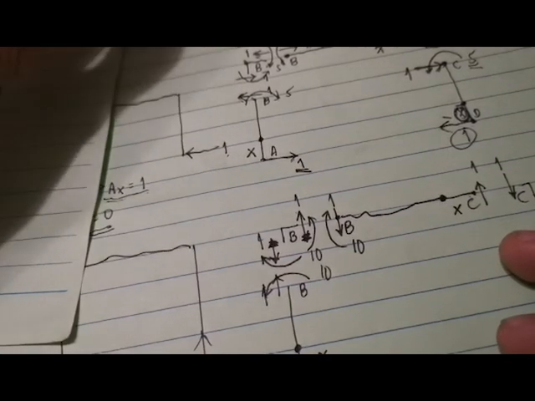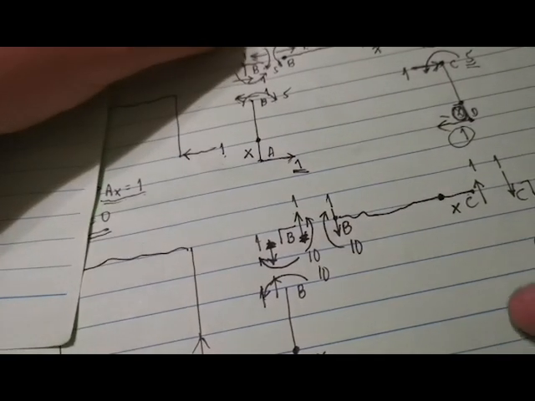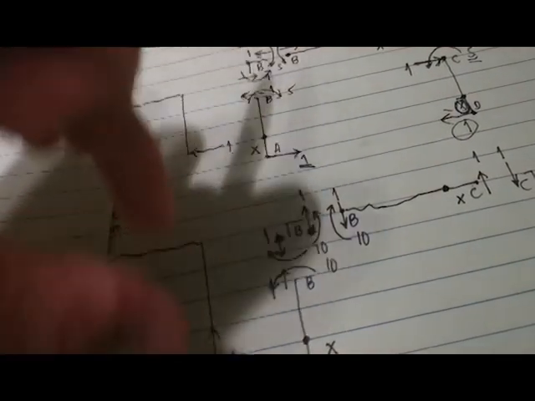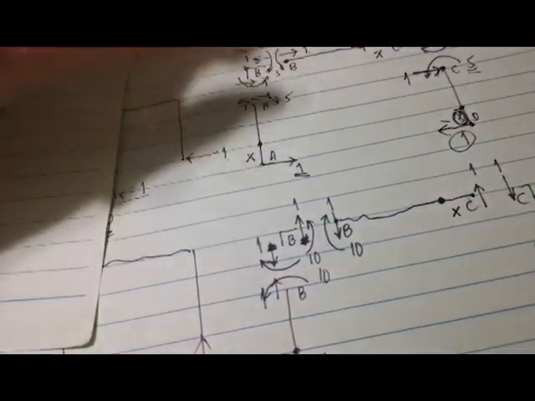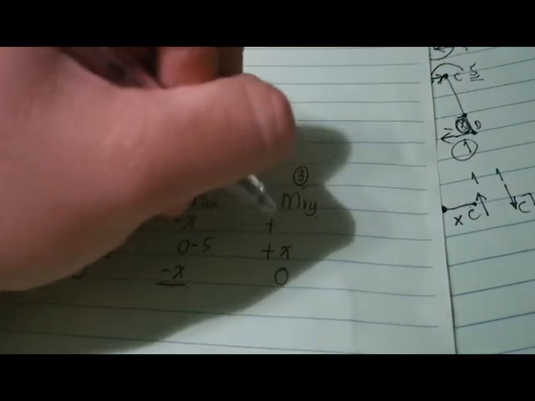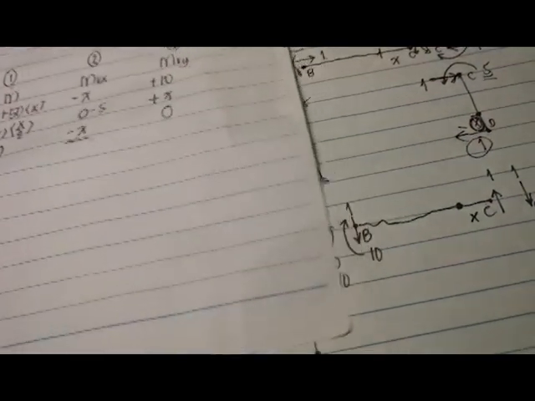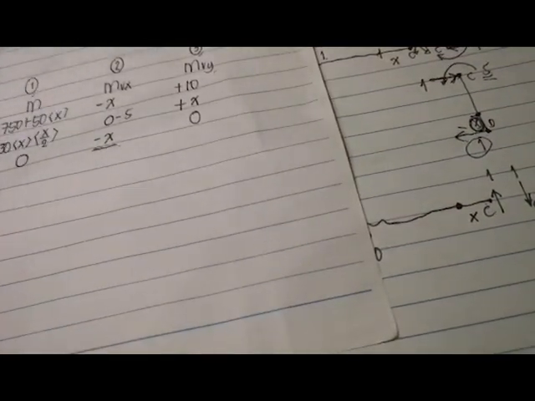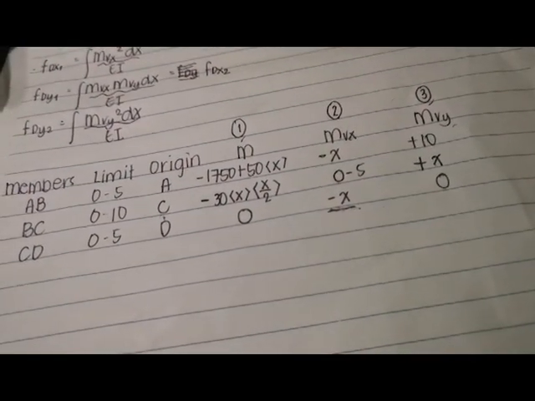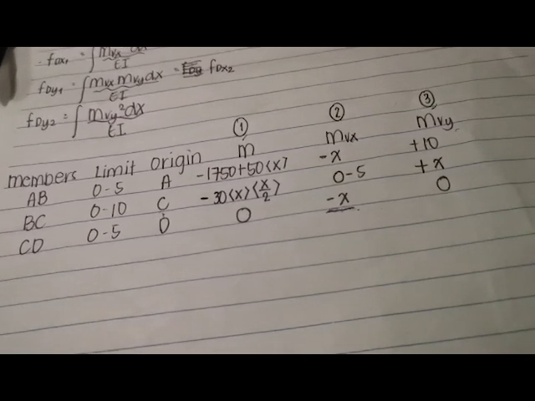The orientation that we use on the previous beam, the previous frame members, should be the same here in frame number 3. So when we follow the orientation of the frames earlier, we see that it makes the frame member smile. So therefore, this is positive 10. Okay, so our table is now complete. Let's proceed with determining the deflections.